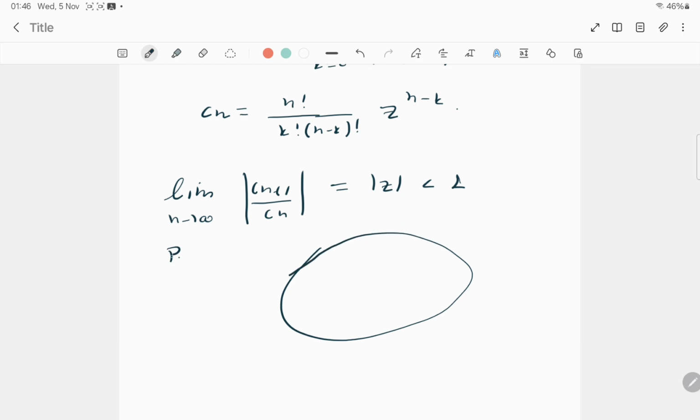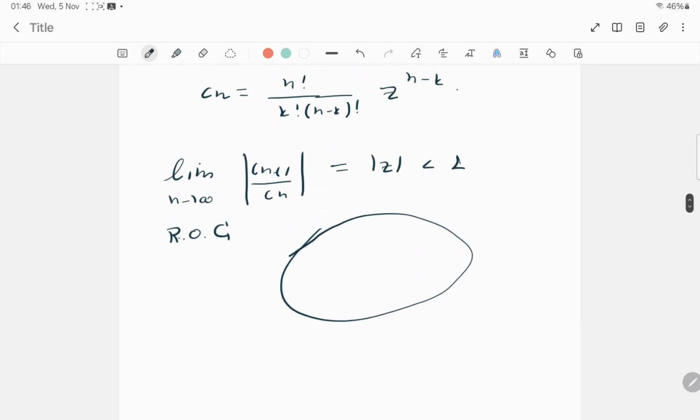Which means that the region of convergence is the interior of a circle with a radius 1. So we are centered at the origin of the complex plane.